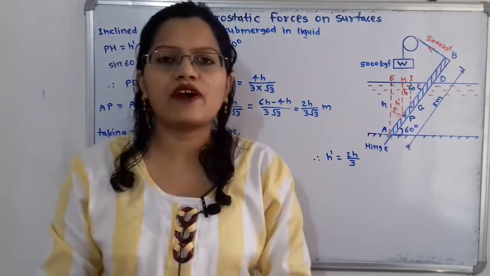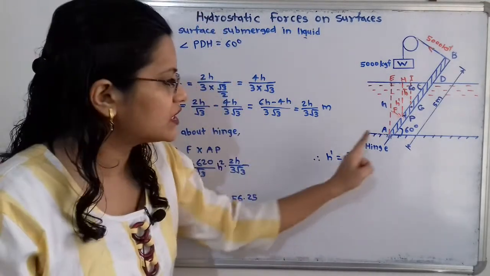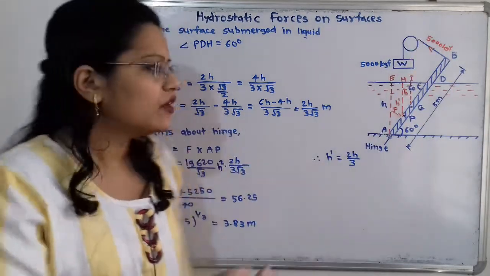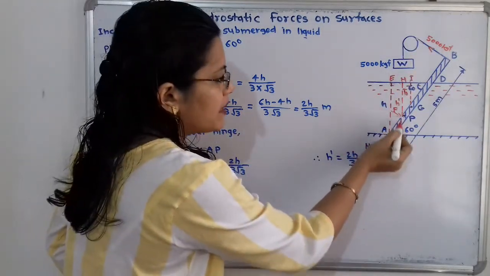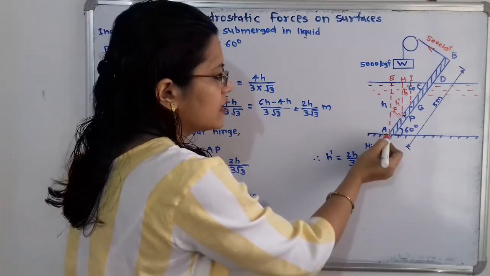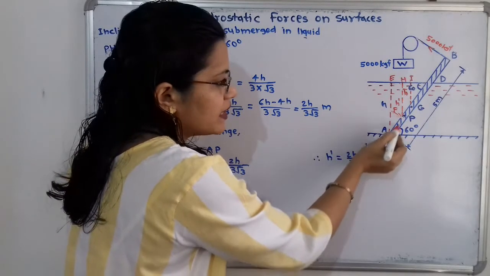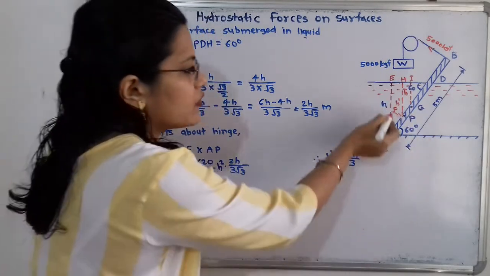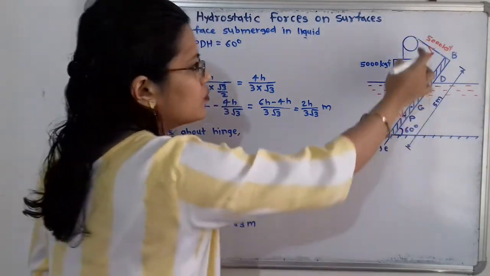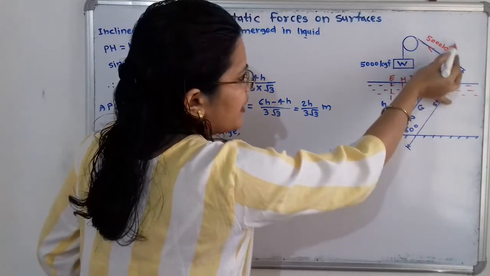So for that we have to take the moments about the hinge, because about the hinge this gate is rotating. So this force multiplied by the perpendicular distance. So when we take the moment of forces about this hinge, then this force F multiplied by AP, which is equal to, because this is in the downward direction and this is in the upward direction, the other force, that is 5000 kg.